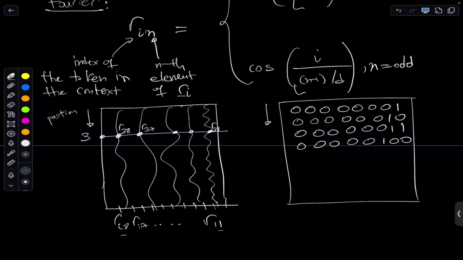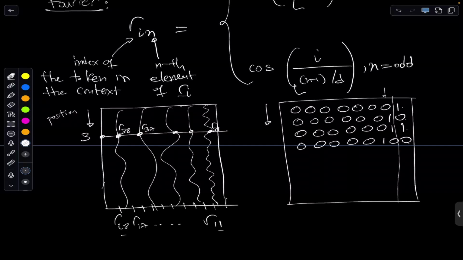You can see here the last digit is a digit that flips every single position that goes by. So it's a very high frequency change. The second digit from the end is a change which is less frequent.